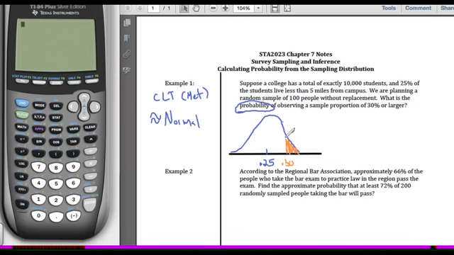Because this is a probability on a normal curve, this is a throwback to chapter 6. I'm going to use the normal CDF function in my calculator. My lower bound where my shading starts is 0.30.